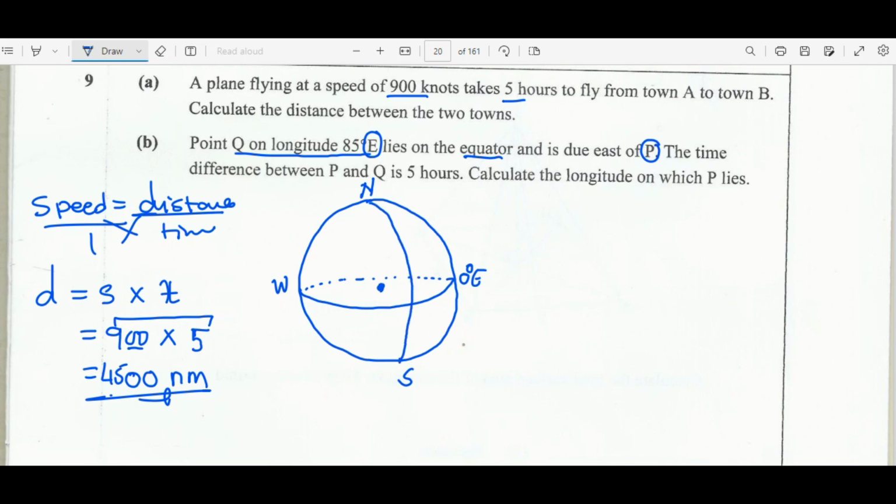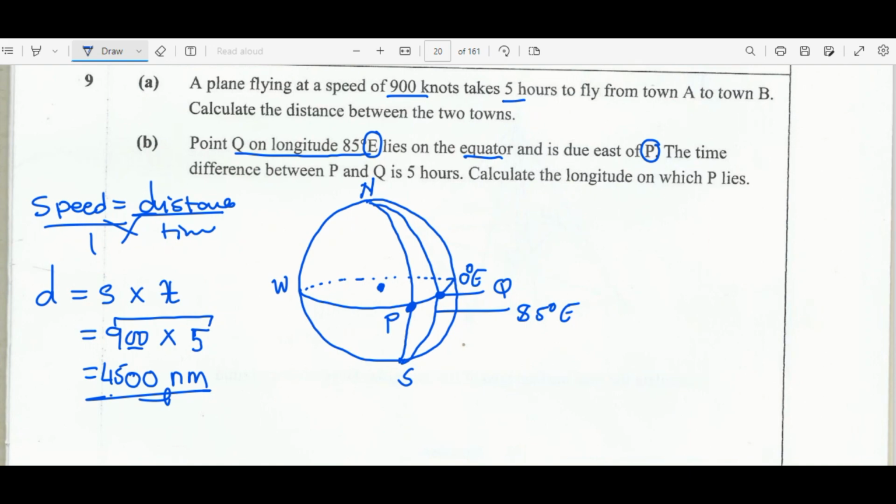Since Q is the one which is due east of P, Q will be somewhere here. The point that is due east must be away from the center. So this is our 85 degrees east, this is where the point Q is, and then our P is from here.